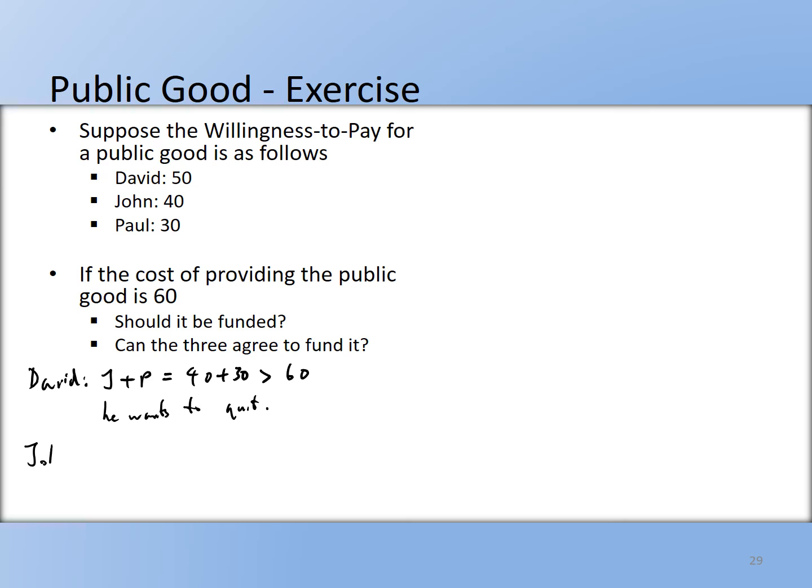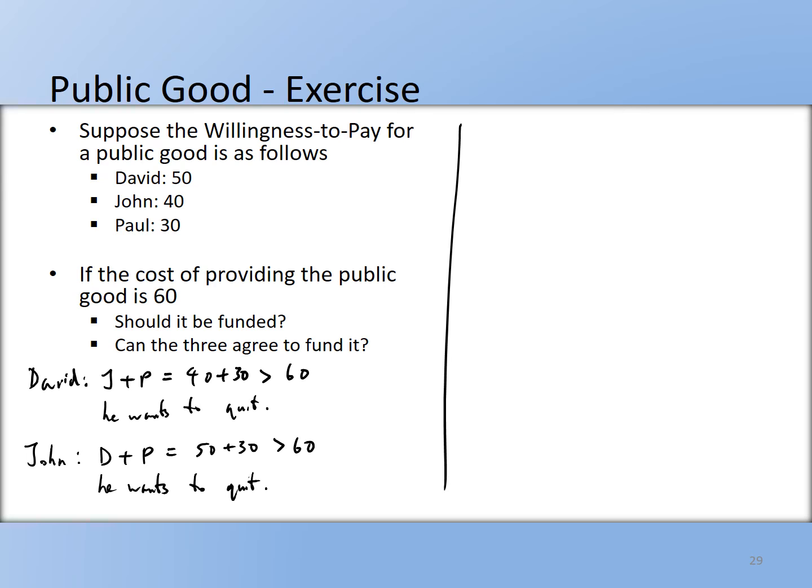For John, if he quits, David plus Paul in total can pay 50 plus 30, once again bigger than the cost of 60. He wants to quit. And finally, Paul thinks, okay, if I quit, David and John together can pay 50 plus 40, which is 90, bigger than the cost of 60, so he also wants to quit.